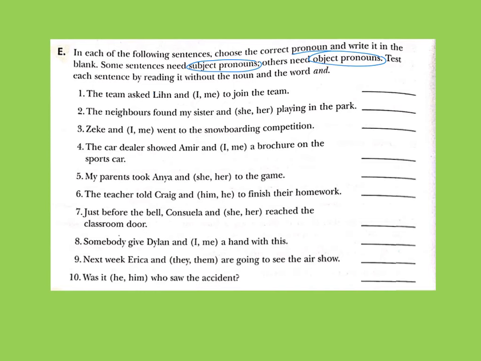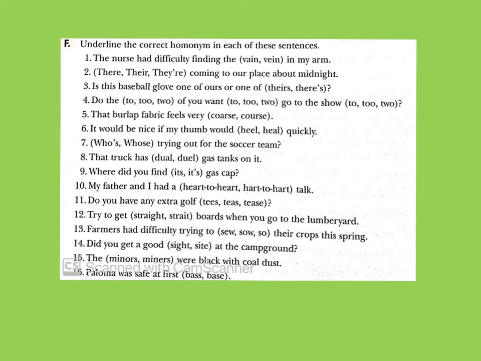So, to figure it out, you could take out Lynn and. The team asked me to join the team. You wouldn't say the team asked I to join the team. So that one would be me. For a quick review of how to use pronouns correctly, you could look at exercise number 70 on page 86 and watch the accompanying video lesson.